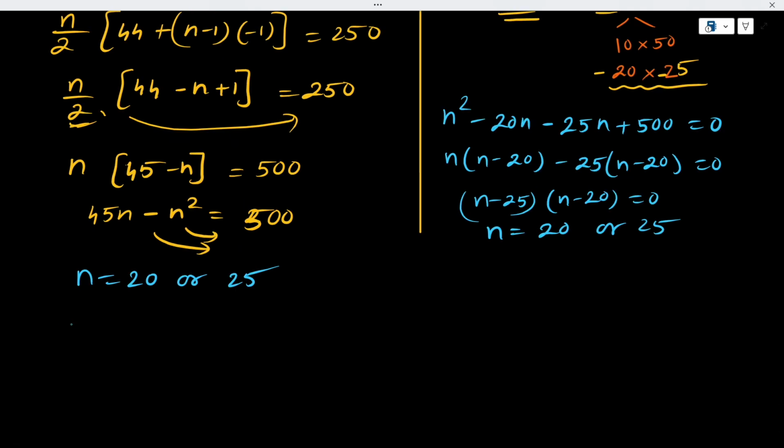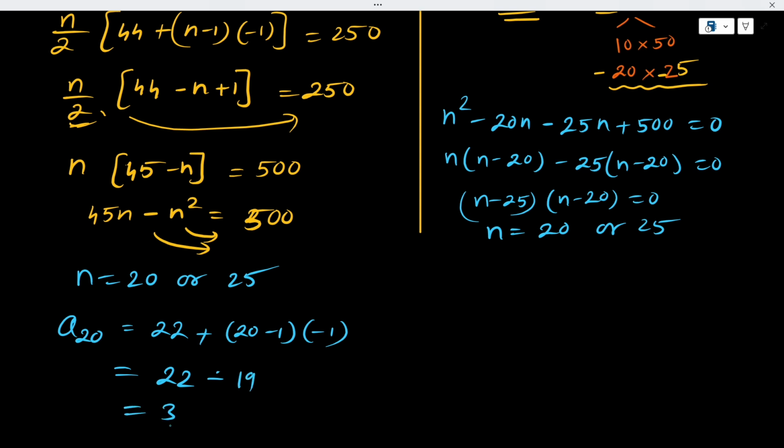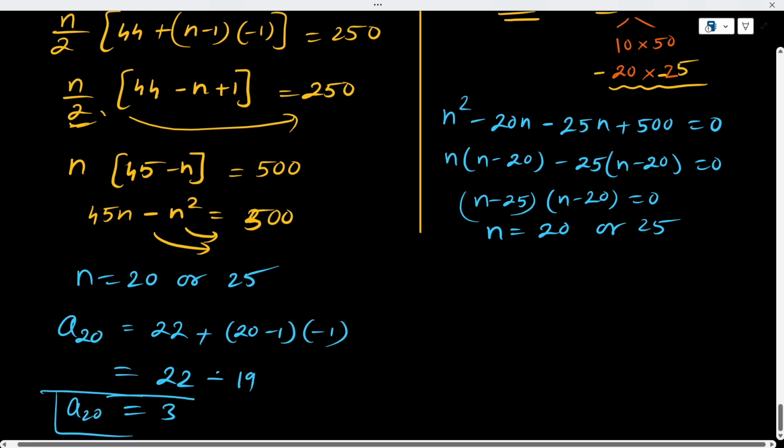If I take a20, then it will be a plus (n minus 1)d, so this is 22 minus 19, which is going to be 3. So a20 means the topmost row can have 3 logs.